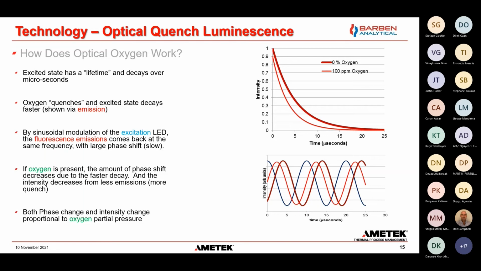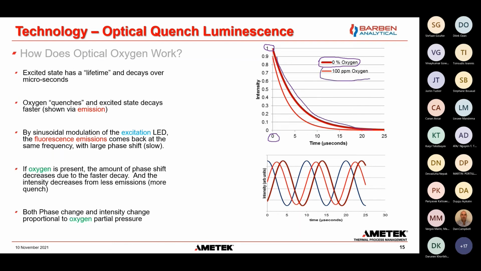So we look here at 0% oxygen on this graph to the right. At time 0, we have a relative intensity of 100%, or 1, and then we have a certain decay rate over a certain amount of time.